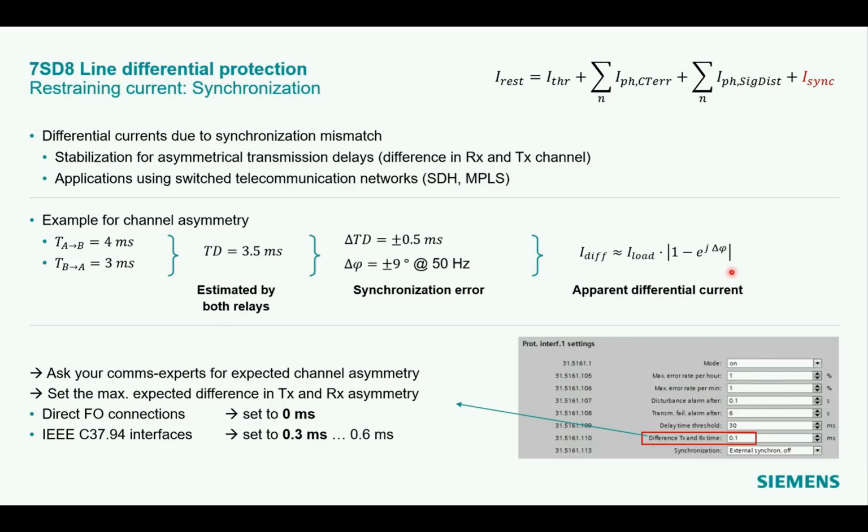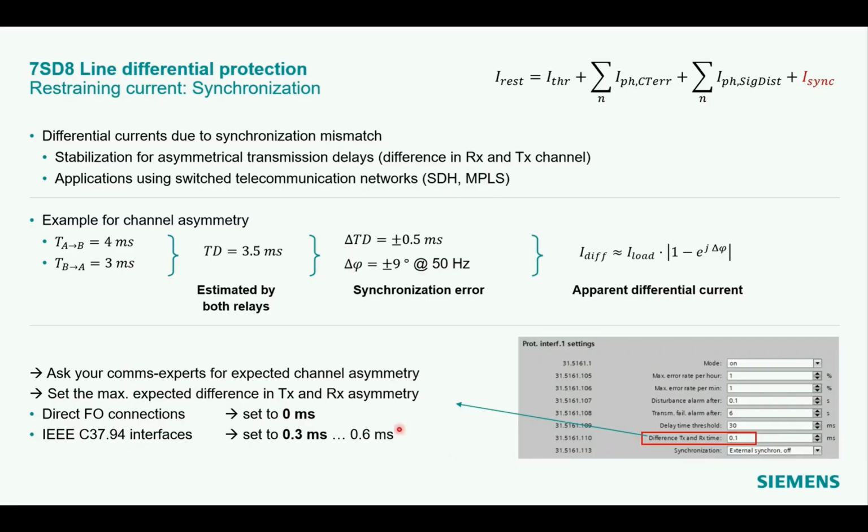The expected channel asymmetry in your switched network can be provided by your telecommunication team or expert. This value which they give you shall be set for the expected difference in the sending and receiving channel asymmetry.